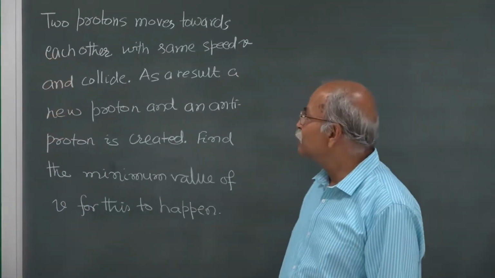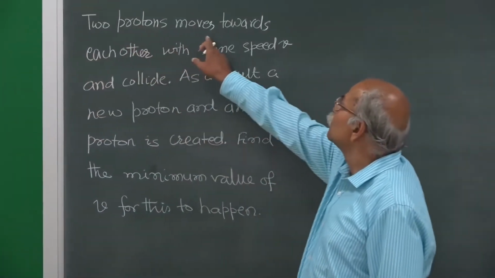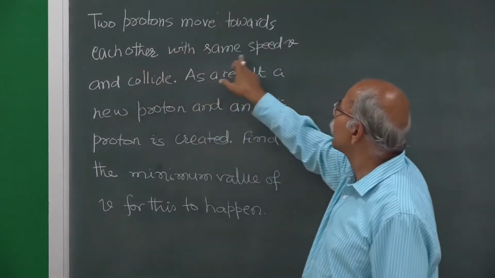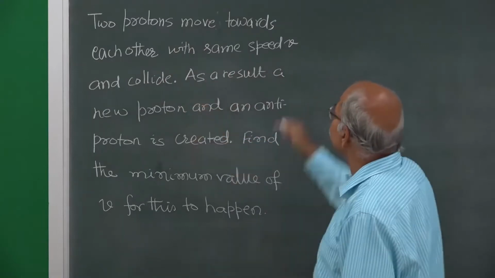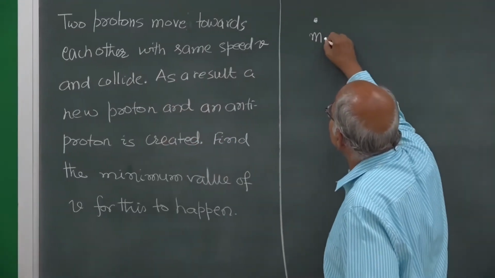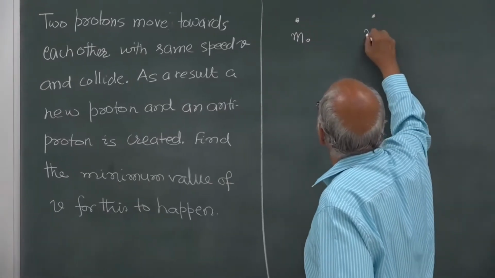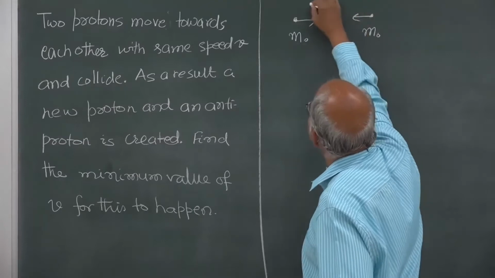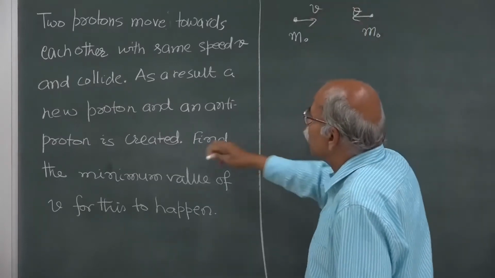So, this is the question. Two protons move towards each other with same speed v and collide. So, you have two protons, say rest mass m naught, and they move towards each other with same speed v and collide.